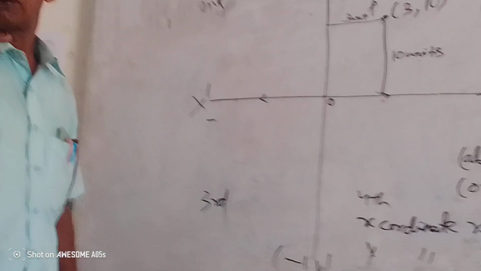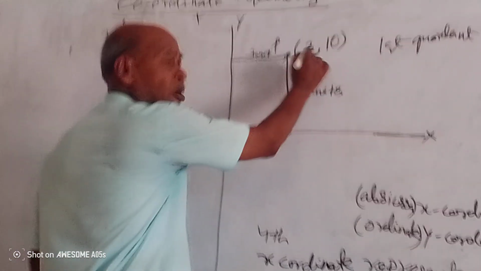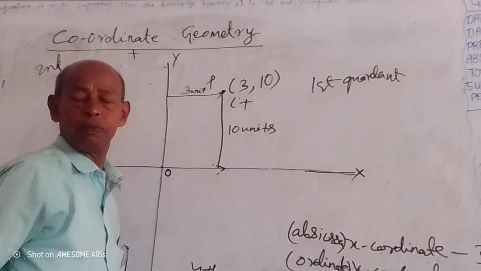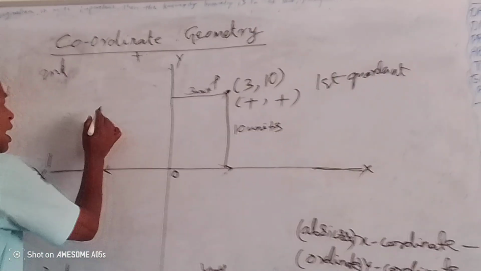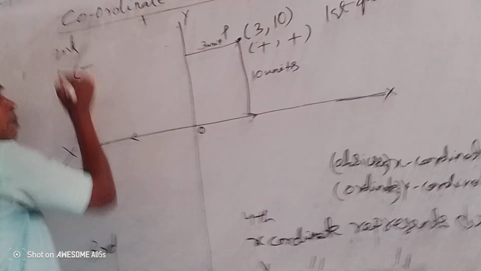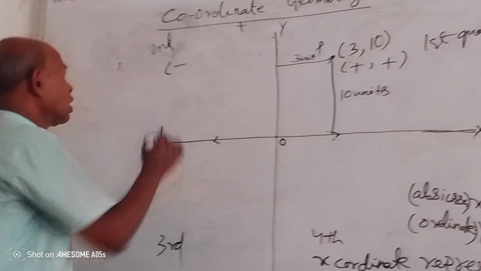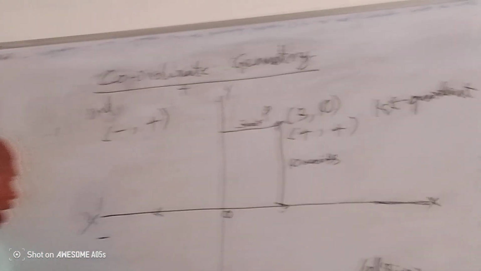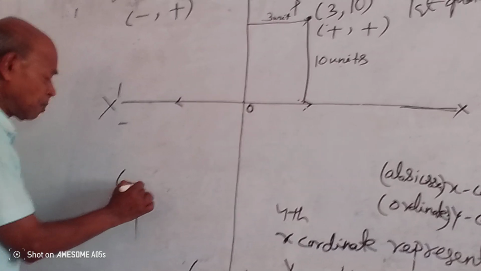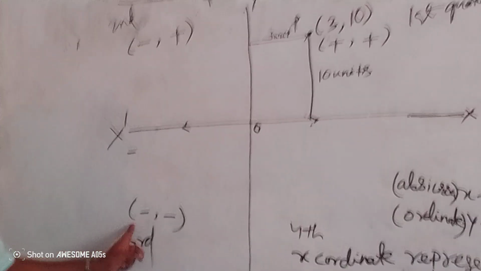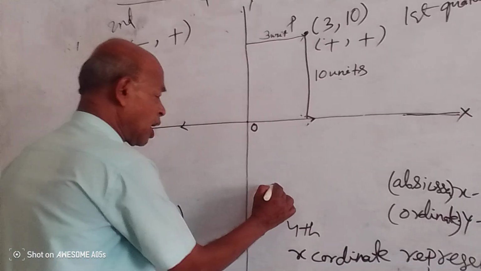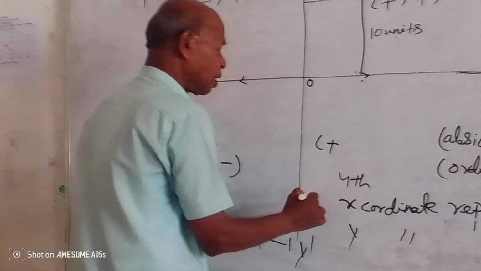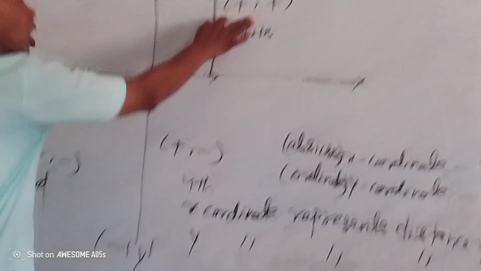Mind it, in the first quadrant both x coordinate and y coordinate are positive, and in the second quadrant x coordinate is negative and y coordinate is positive, and in the third quadrant both coordinates are negative, and in the fourth quadrant x coordinate is positive and y coordinate is negative.